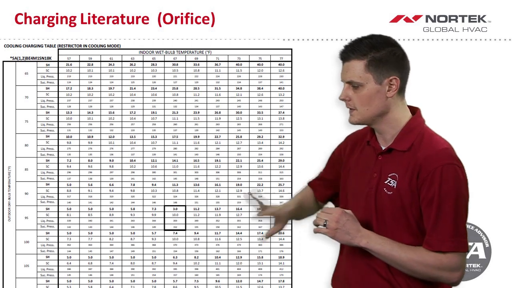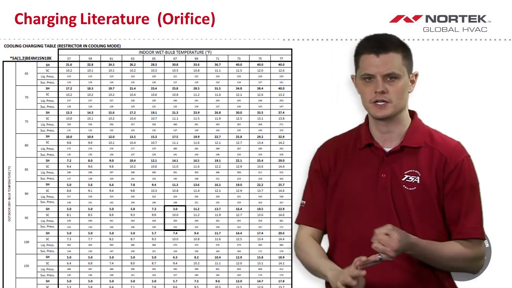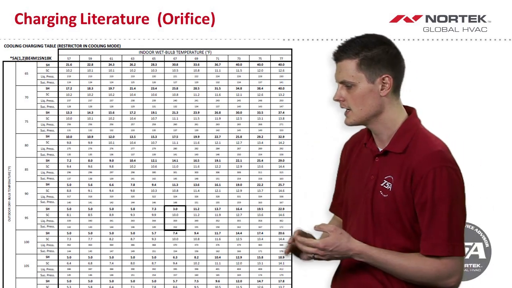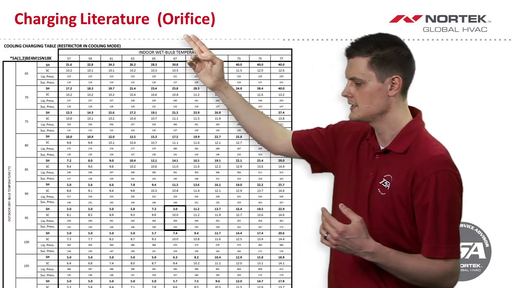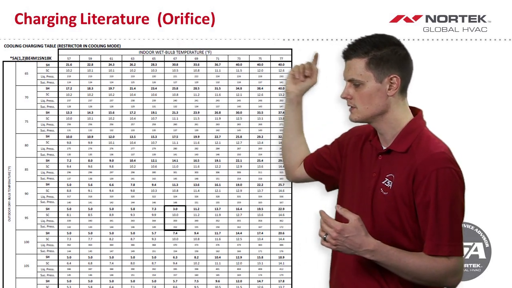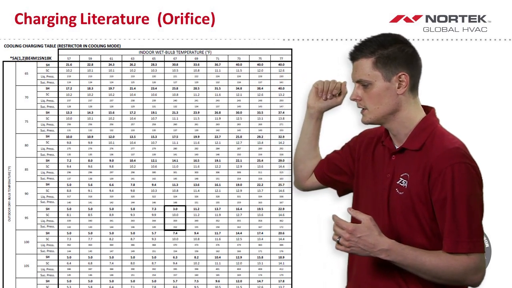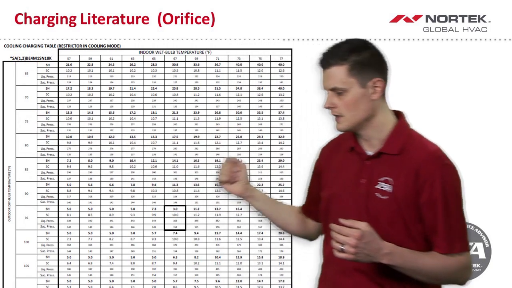What this will give you is a target subcooling and a target superheat. It will also give you pressures, based on your ambient temperature. At the top here is your indoor wet bulb, so that's what that number is going across the top, and then your outdoor ambient is going to be these numbers here.